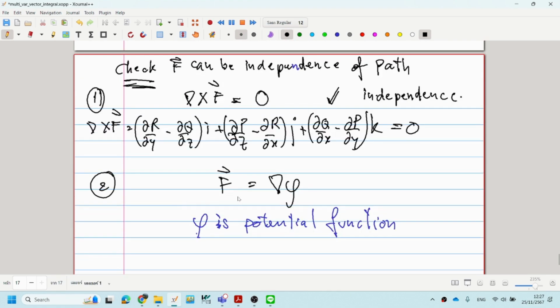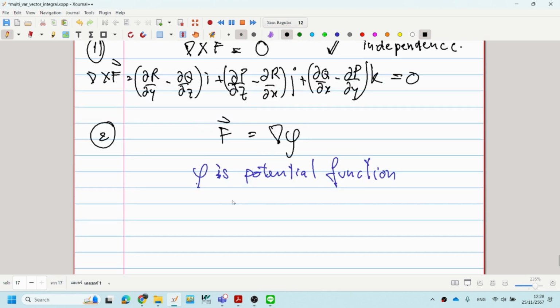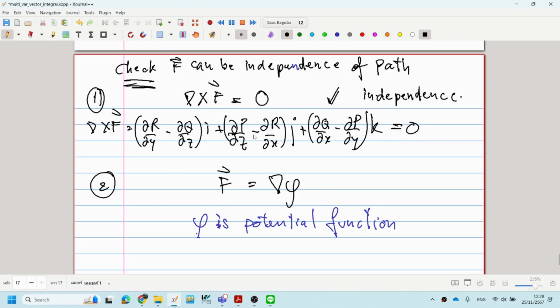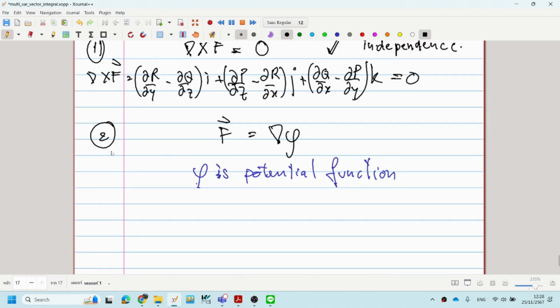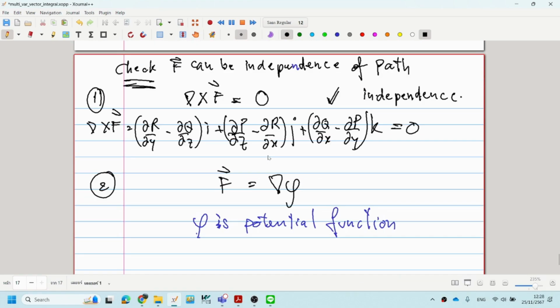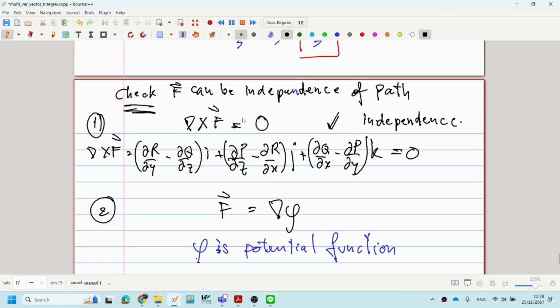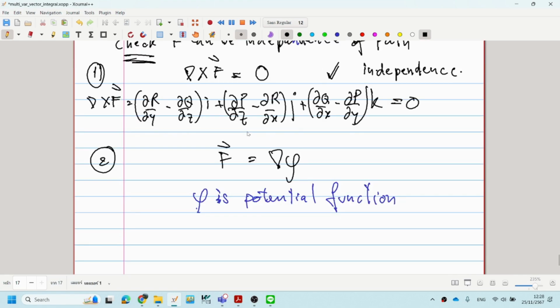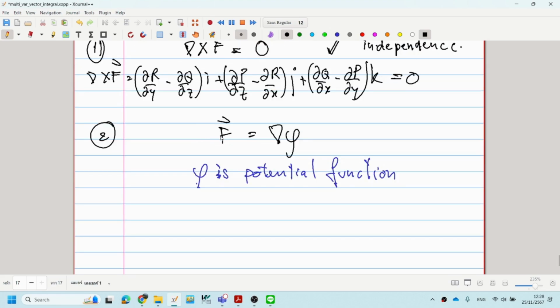Check it before you dive into solving problems on this topic. Number 2: if you have gone through step number 1 already, you can set f vector equal to del of the potential function.